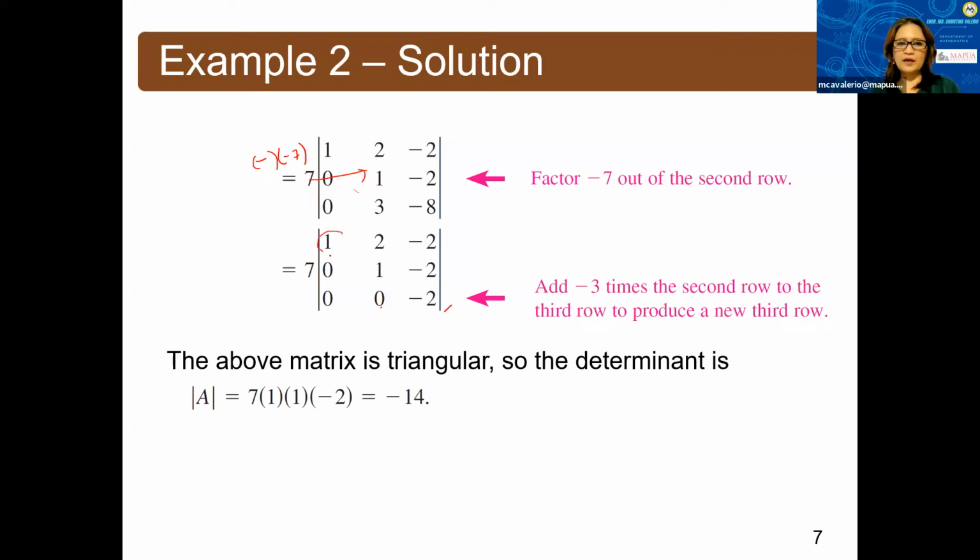So now we will have a triangular matrix whose diagonal entries are 1, 1, and negative 2. So the determinant of this matrix is simply 7 multiplied by the product of the diagonal entries, 1 times 1 times negative 2, which is equivalent to negative 14.